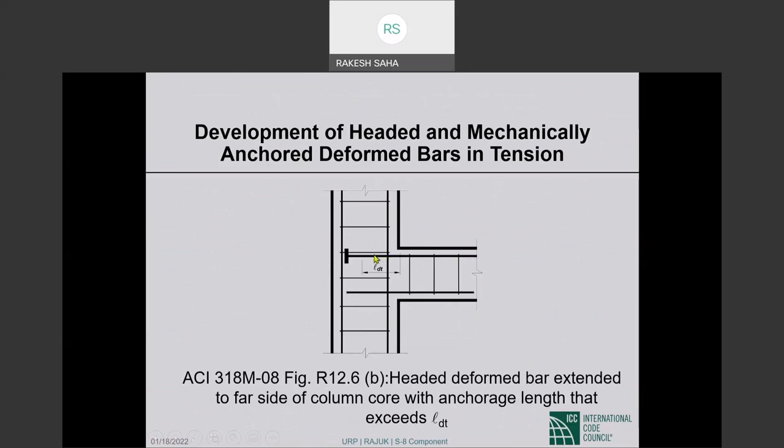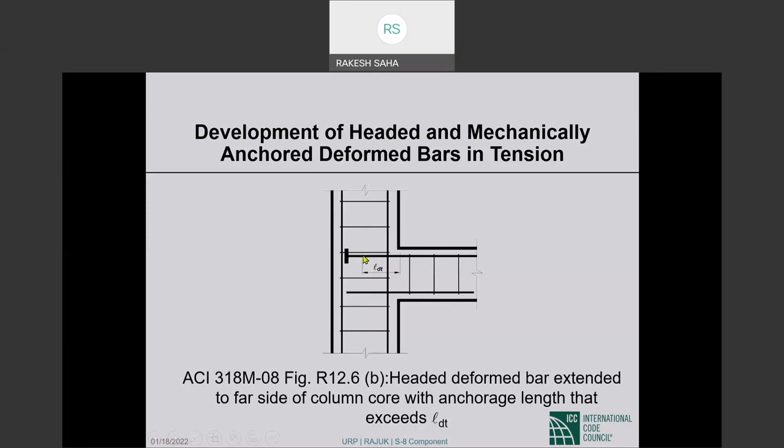Let us say you are developing that bar. L sub dt. There has to be full development beyond the face of the column. If you are using a head, L sub dt will take you up to here. So you can terminate the headed bar here.